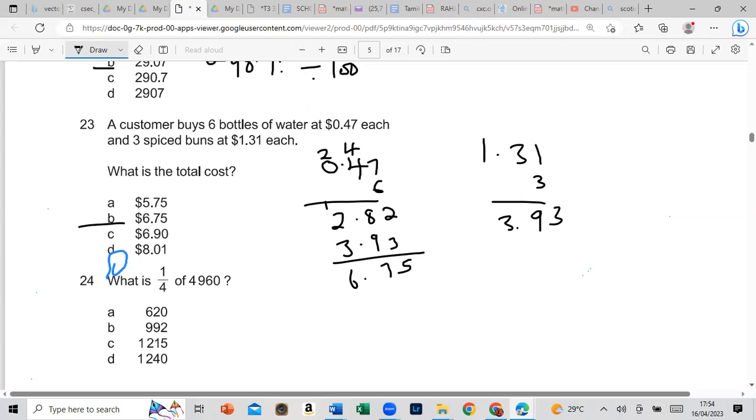Awesome. So once it's a quarter, it's like we're dividing by 4, right? What's a quarter as a percentage? 25%. Very good.